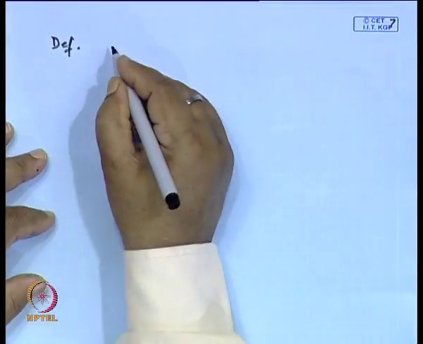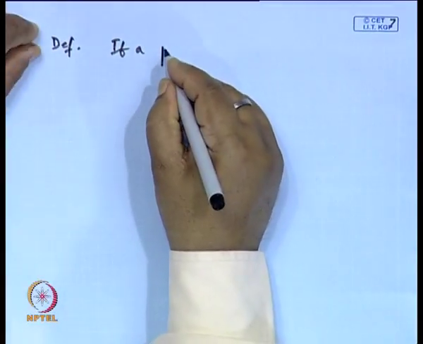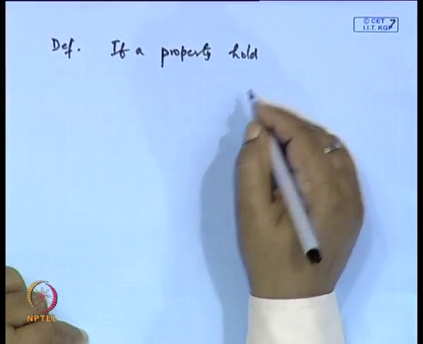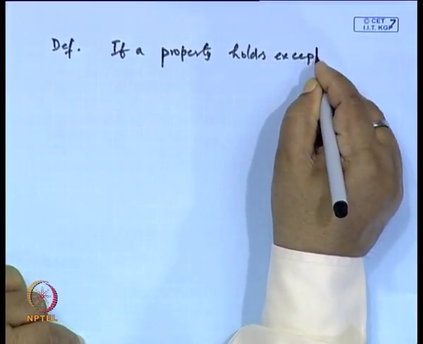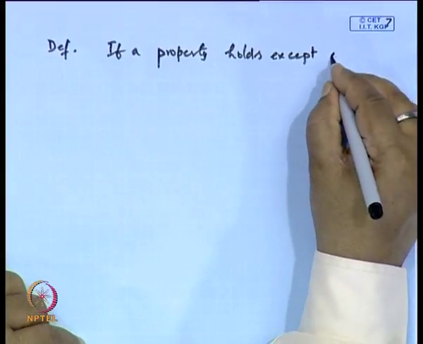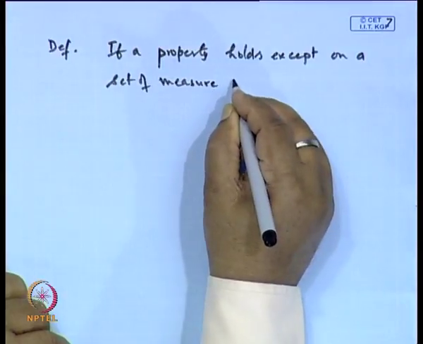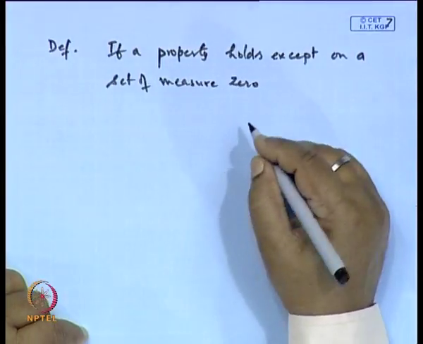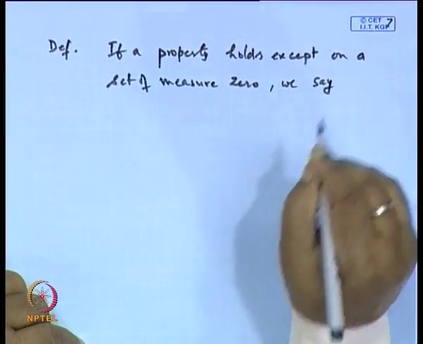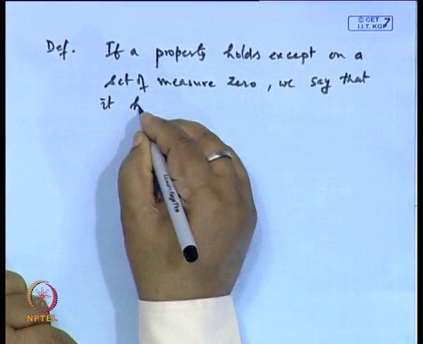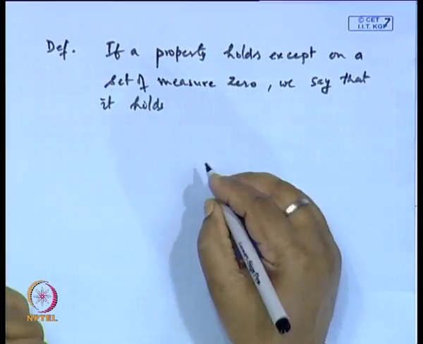Then another concept which we need is almost everywhere. If a property holds except on a set of measure 0, then we say that it holds almost everywhere.